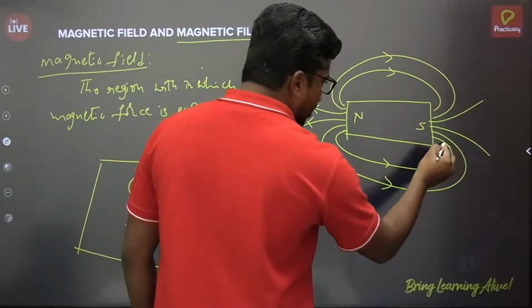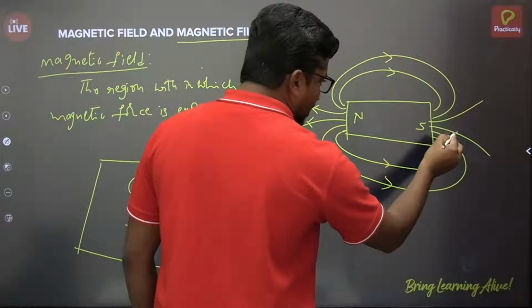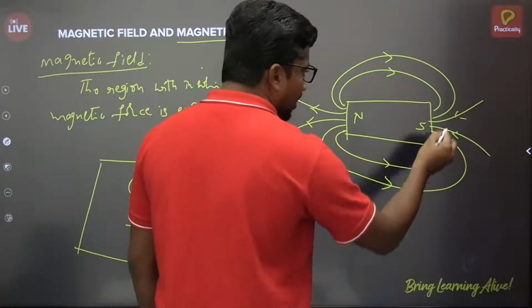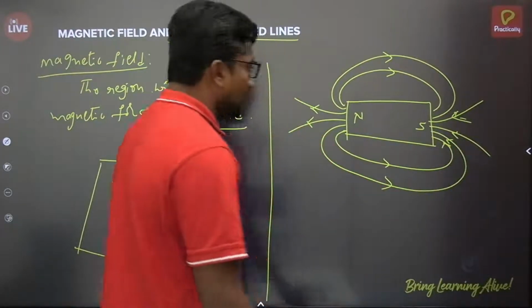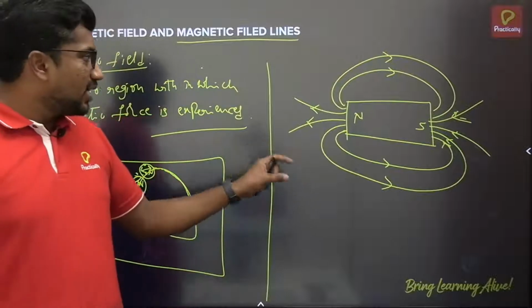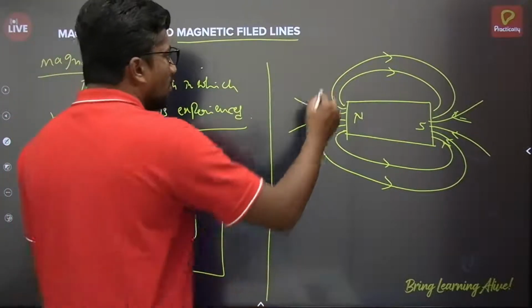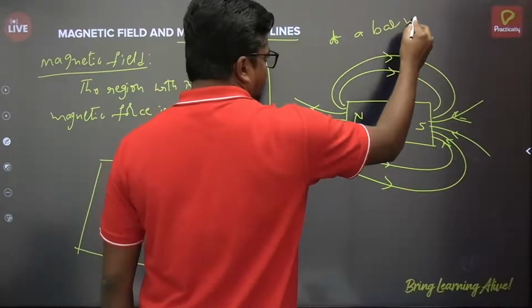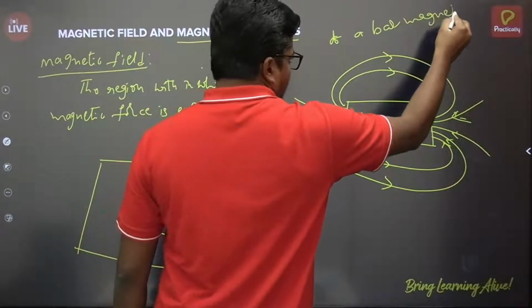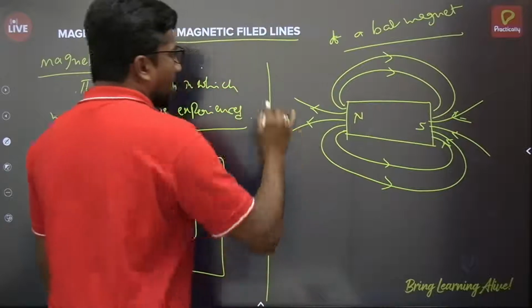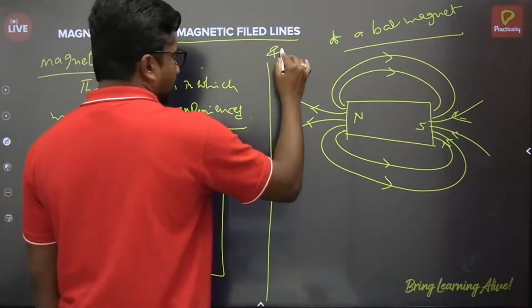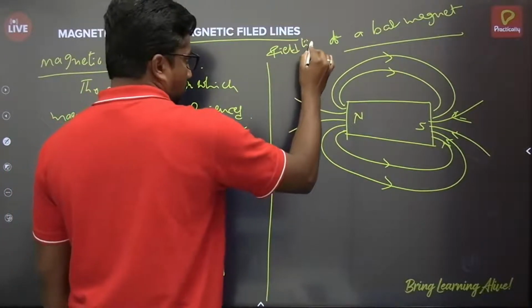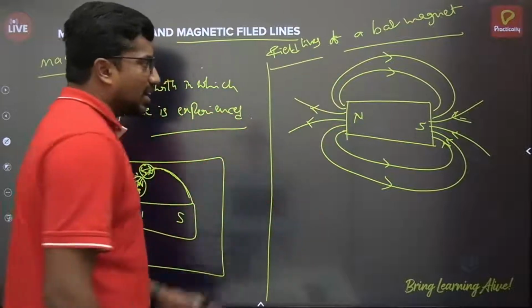Even if you are not mentioning the arrow marks, or if you are mentioning them in a wrong manner, it will lead to deduction of marks. This is the representation of the magnetic field lines of a bar magnet.